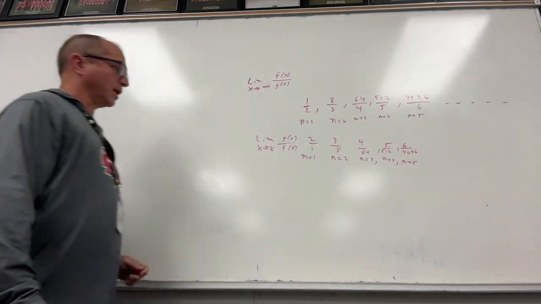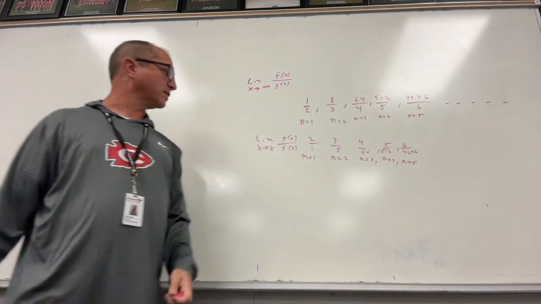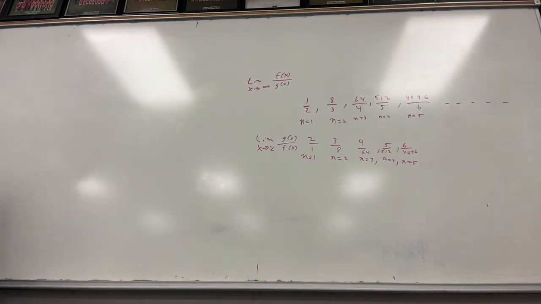All right, so again, in this case right here, it's the same thing. g of x and f of x just flipped around. Now, what's happening to the overall values of these fractions?